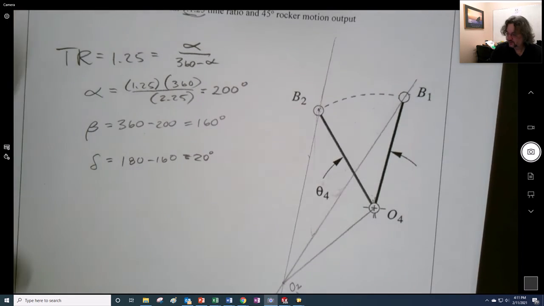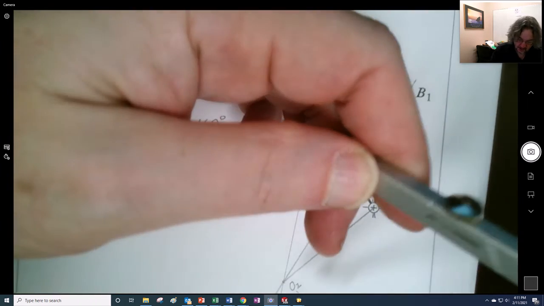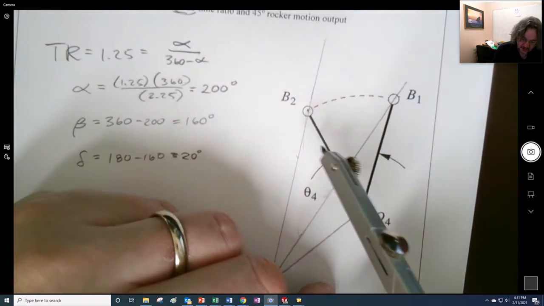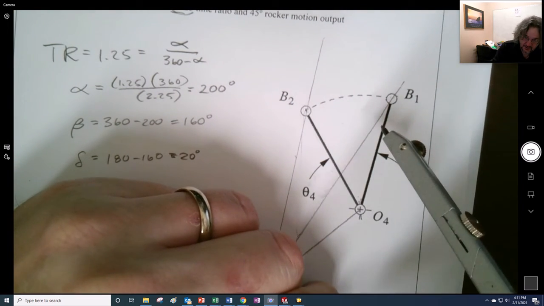It also says what we could do is take our, hopefully our compass is large enough to do this.